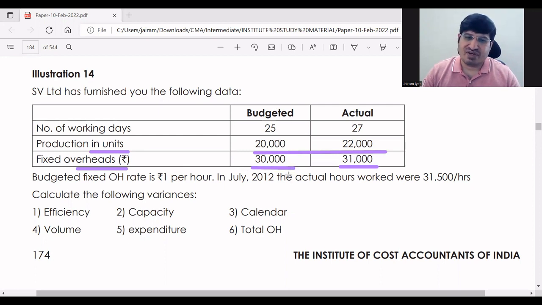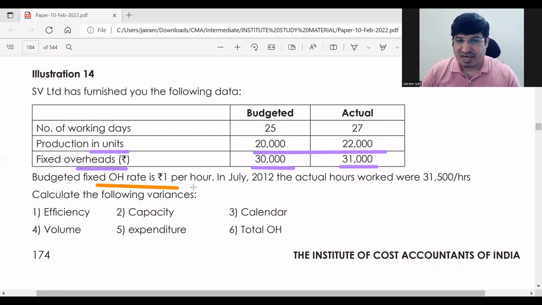So budgeted fixed overheads they have already given. Actual fixed overheads they have already given. Actual is the very last figure, 5th one. Okay, so actual you'll fill, and budgeted is the 4th one. ठीक है, so 4th and 5th figures we already have here. Then other than this क्या दिया गया है? What have they given?